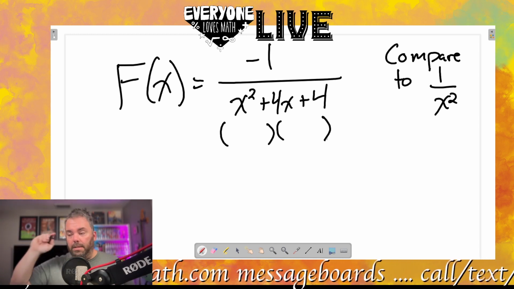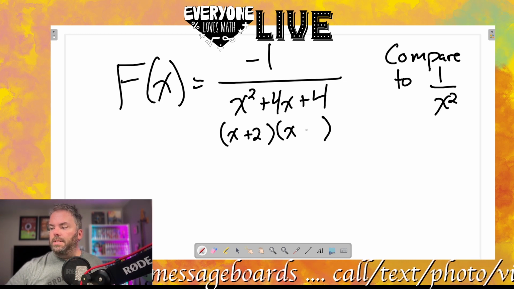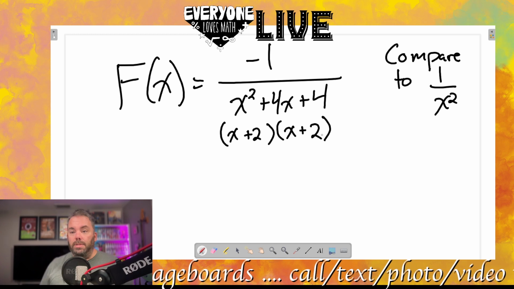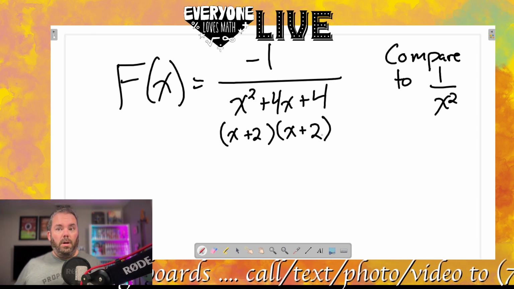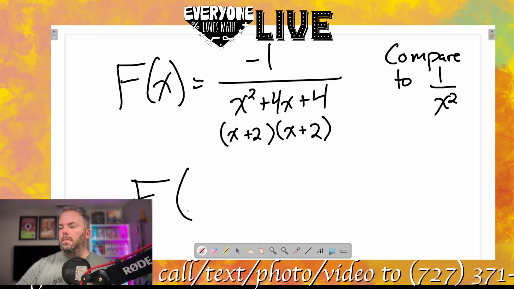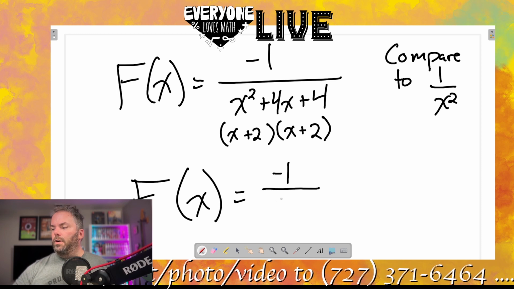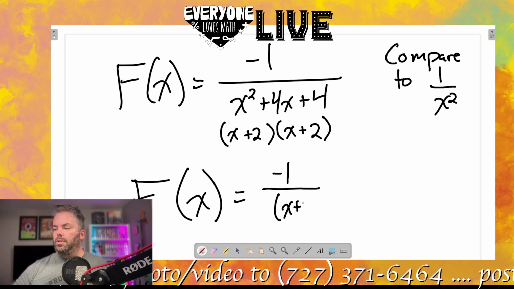This is x plus 2 times x plus 2. 2 times 2 is 4, 2 plus 2 is 4. And so I'm going to rewrite big F of x. I can rewrite it as negative 1 over (x plus 2) squared.